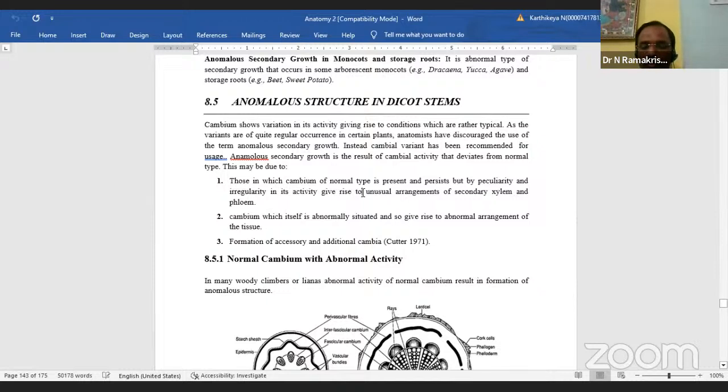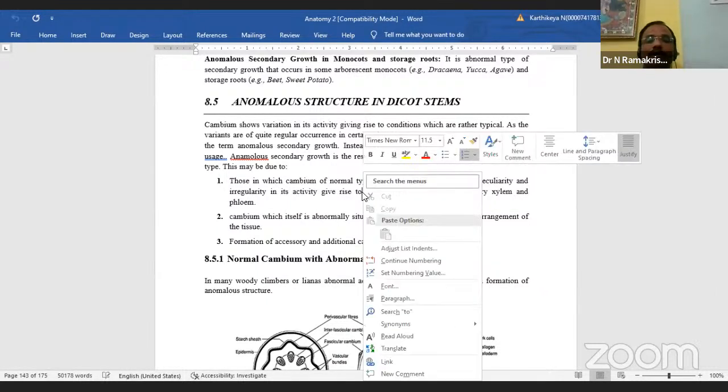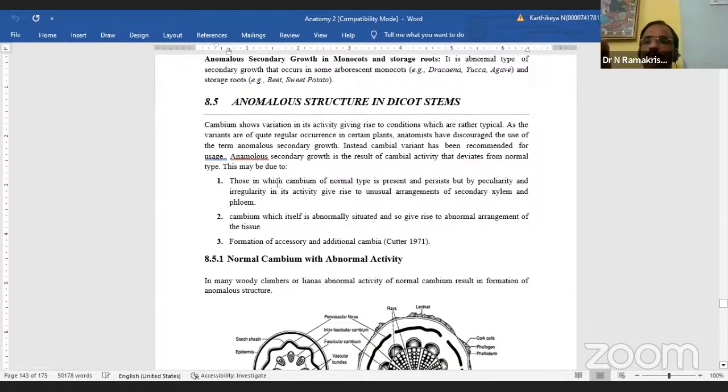So normal behavior. When we look at the center part of the sections, the cambium is a normal type. But where it is peculiarly irregular in activity, it gives rise to an unusual arrangement of secondary xylem and phloem.